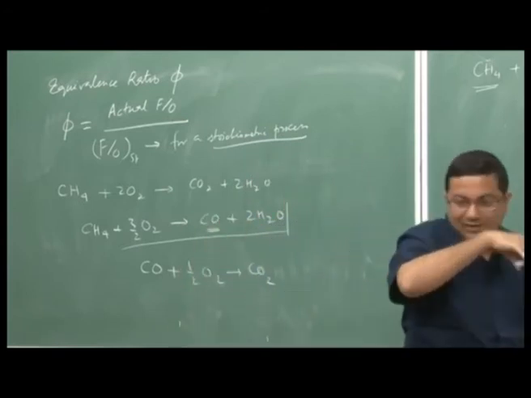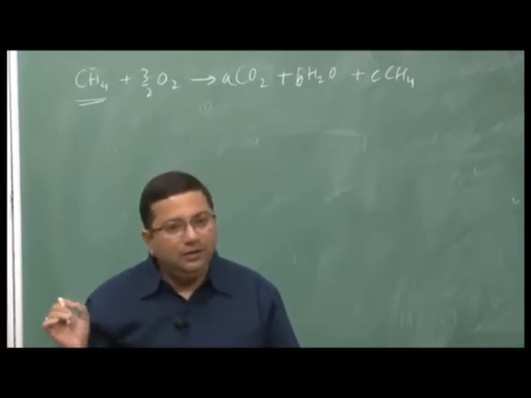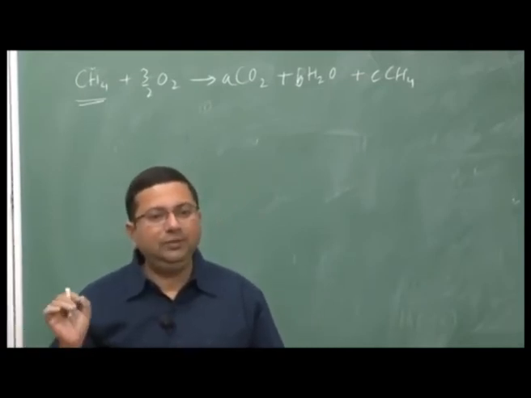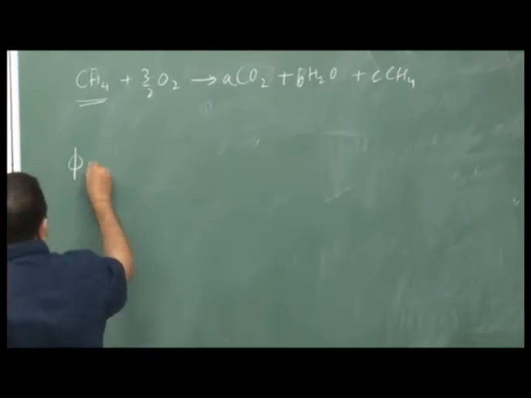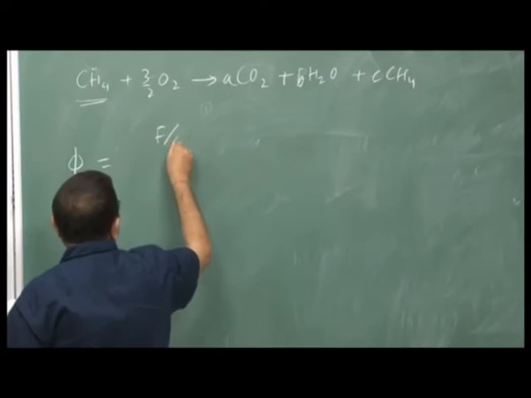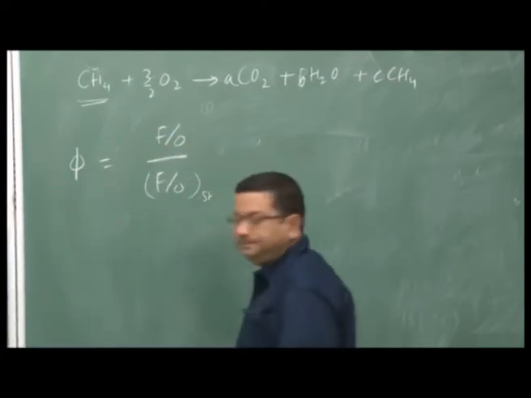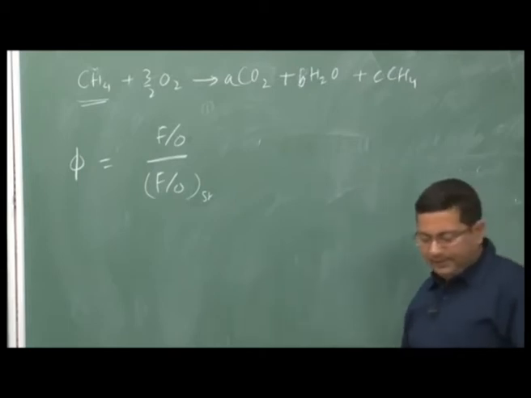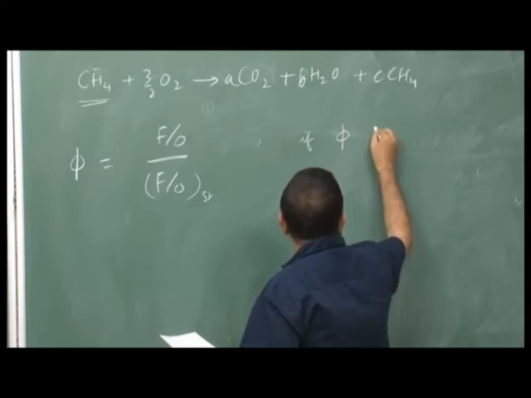So, you are not essentially supplying anything extra. Okay. So, therefore, stoichiometric reaction is the most economical reaction. Now, coming back to the equivalence ratio, I define it like this.